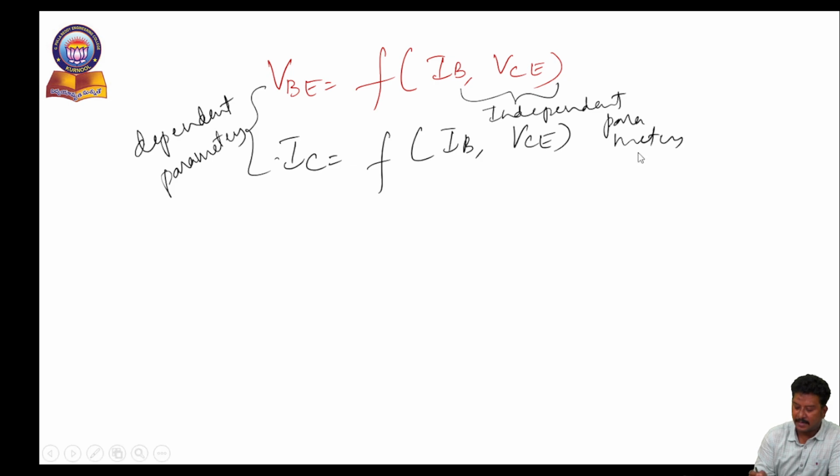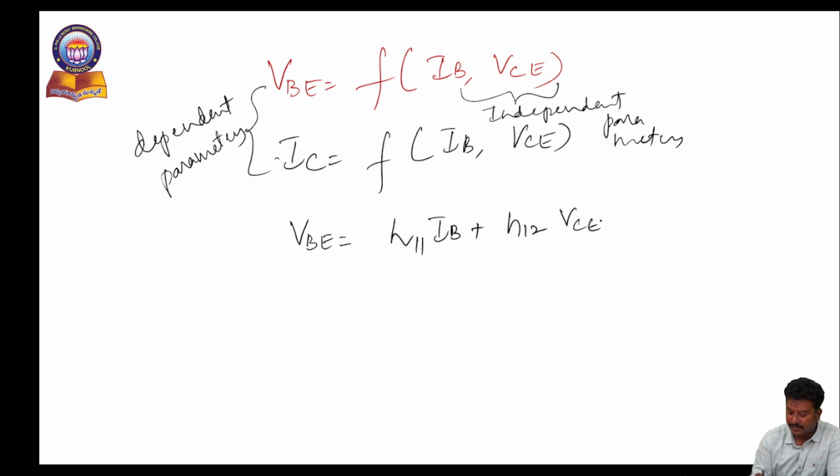So mathematically, dependent and independent parameters, we can frame it as VBE is equal to H. I have to find out what is H. H11, why? Because it is a two-port network. We are considering as IB. H12 we are considering as VCE.